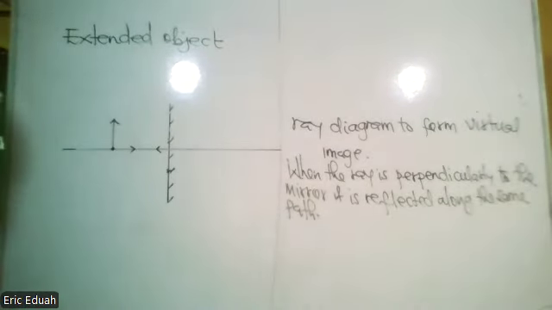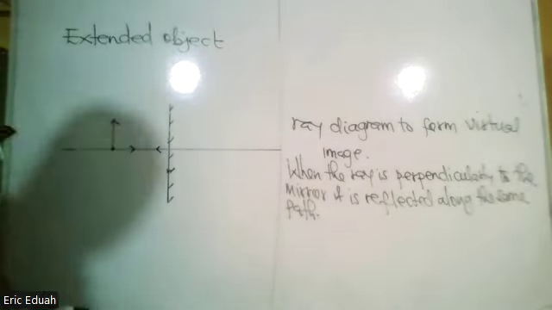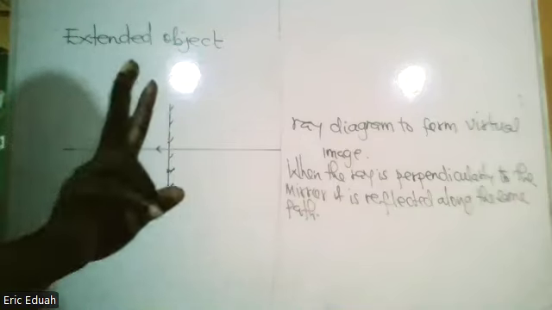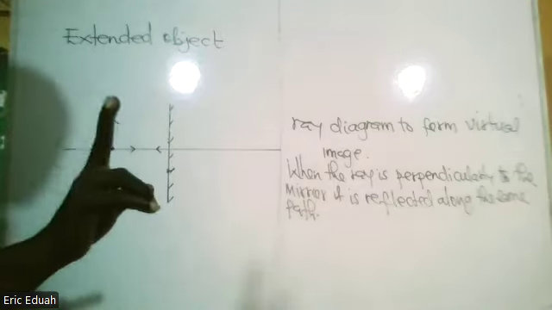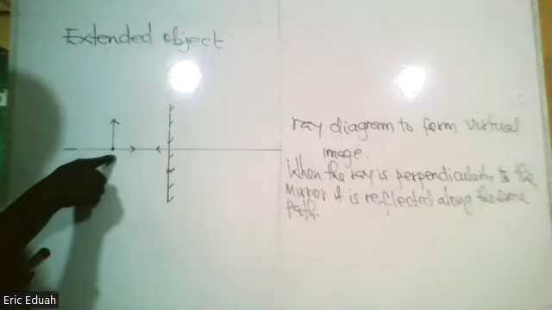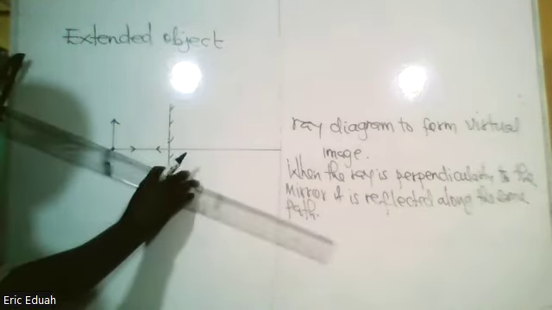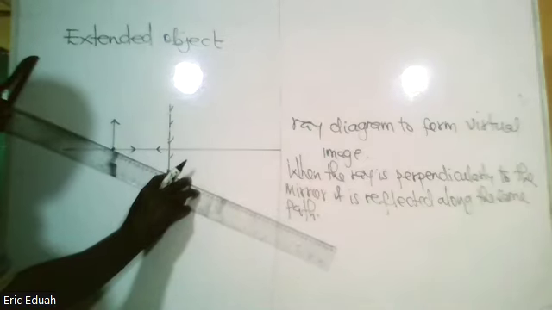Then we would require another ray to indicate the position of the foot, at least 2 or 3. Let's go by 3 rays to indicate the position of the foot, to indicate the position of the head. So another ray, but this time the ray is at an angle.